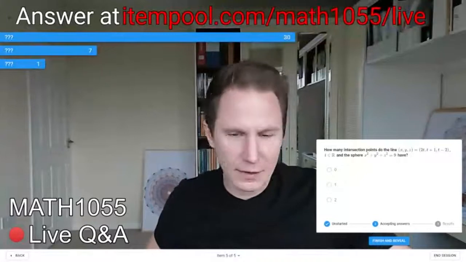Now here we have something different. We have a sphere and a line. Of course, since the sphere is a bounded thing, what are the odds that a random line just goes through it?